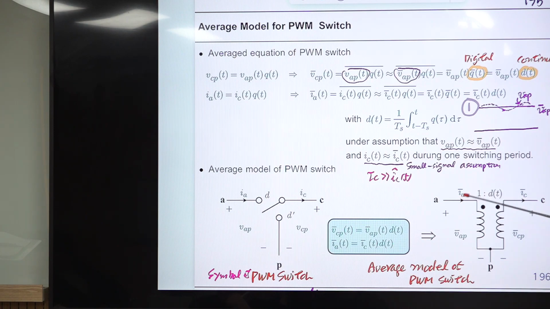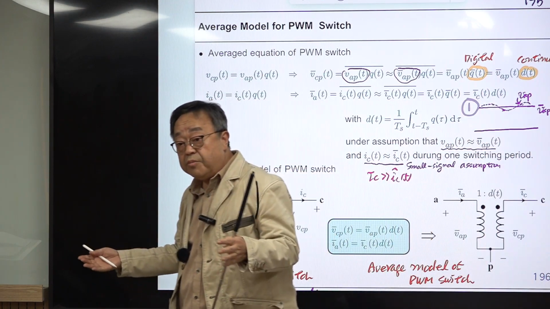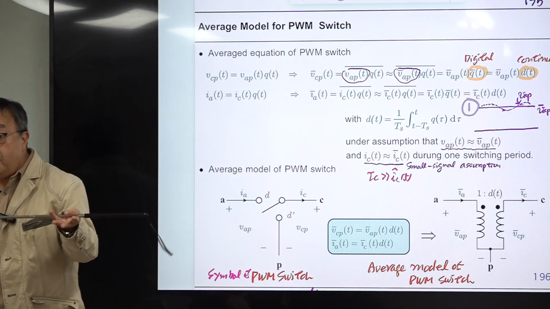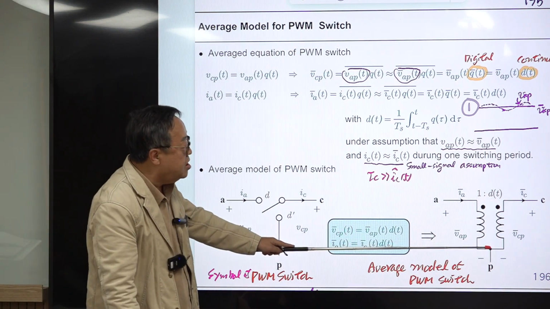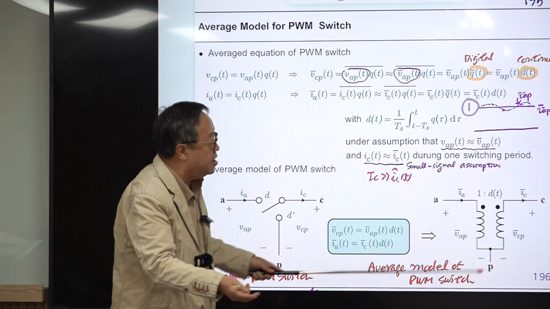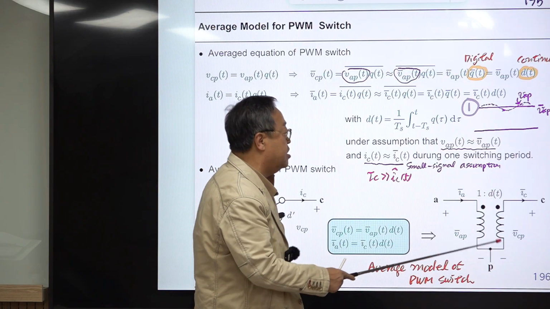This is a continuous variable, and it contains the DC and AC components all together because this is the average value. And as I said in the last lecture, this terminal and this terminal are connected together.